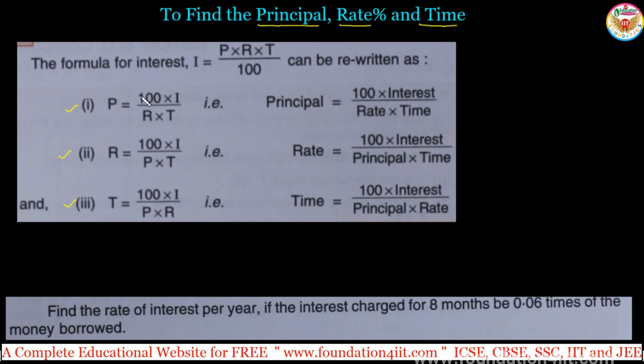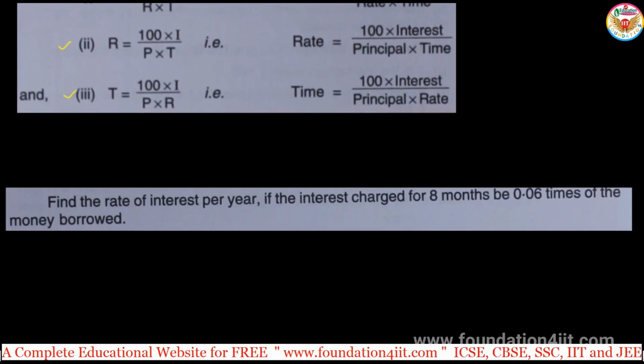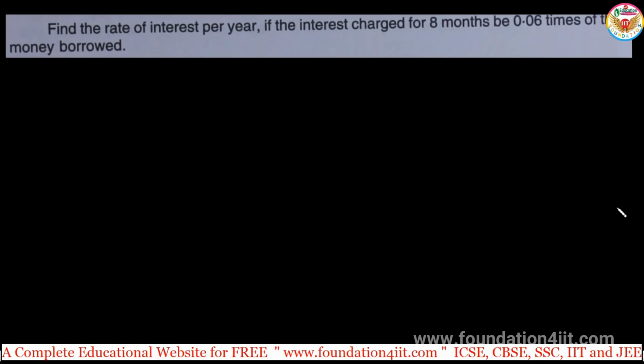P is 100 into I by R into T. R is 100 into I by P into T, and T is 100 into I by P into R. So from this formula only we can get these. If you know this, based on that we can attempt the remaining three values also. Right.